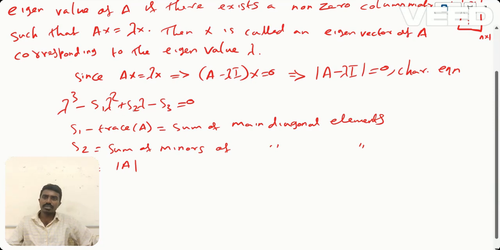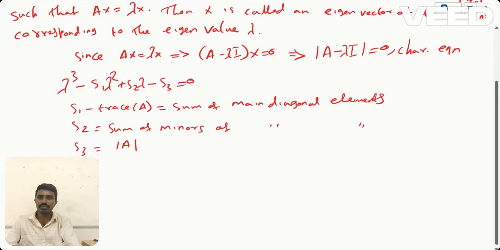If you consider a 2 by 2 matrix, the characteristic equation is lambda square minus s1 lambda plus s2 equal to 0, where s1 is the trace and s2 is the determinant of A.